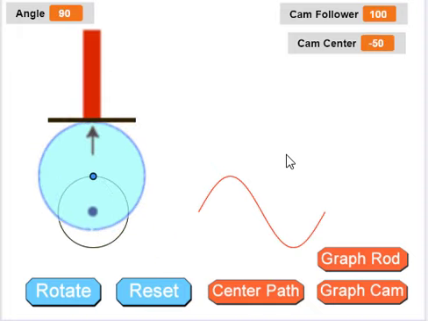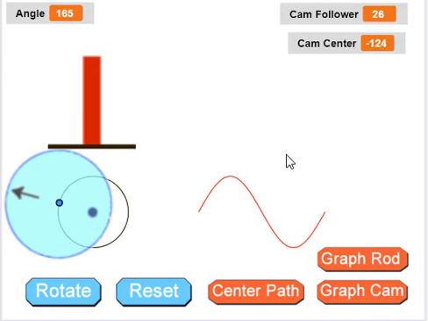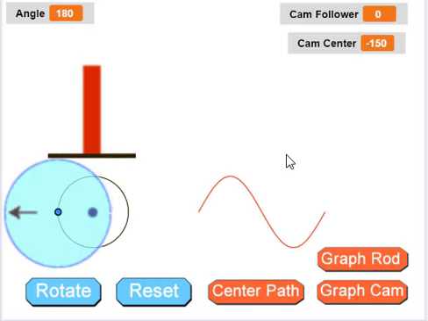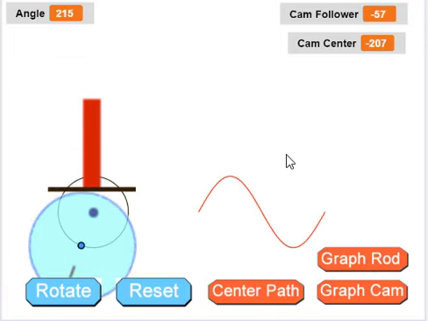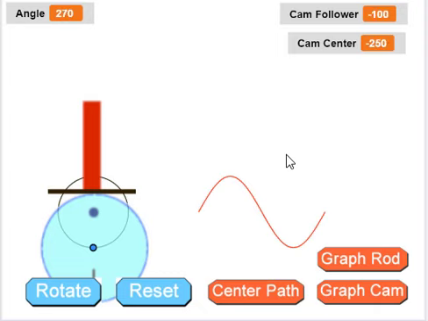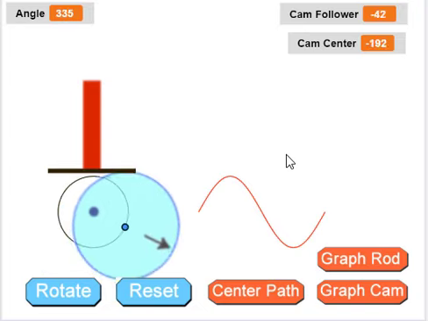Now when we are at the maximum height, the cam follower is 100, and the cam center is minus 50, so the separation is still 150. Once we rotate around to 180 degrees, we're back at 0 and minus 150. And then finally, when we're at the minimum height, the cam follower is minus 200, and the center of the cam is minus 250. So we still have that same separation.